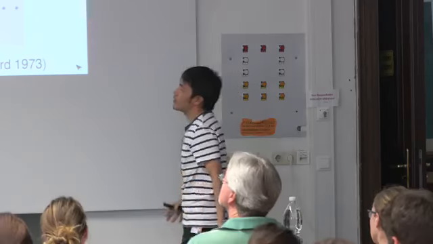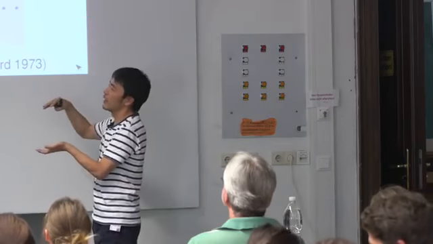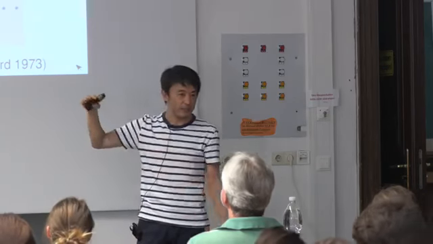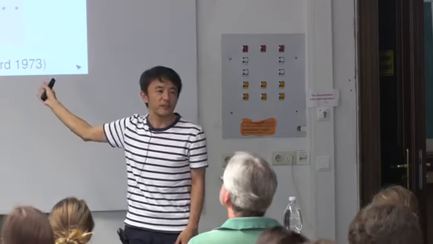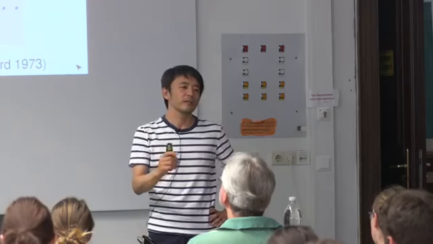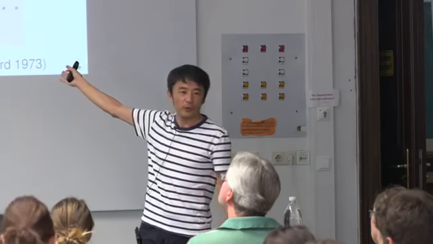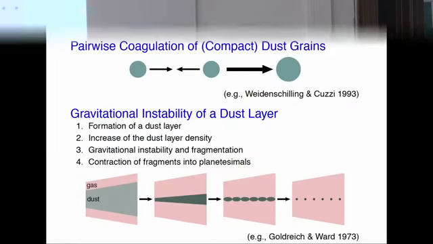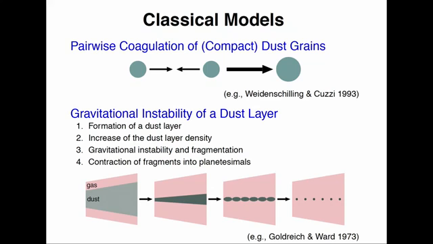But from the observations, we can estimate the strength of the turbulence of the protoplanetary disk. And now I think we agree that it is very difficult for this kind of mechanism, because the protoplanetary gas is a little bit too turbulent. So then how can we form planetesimals?